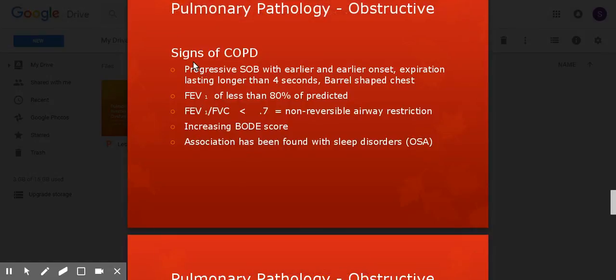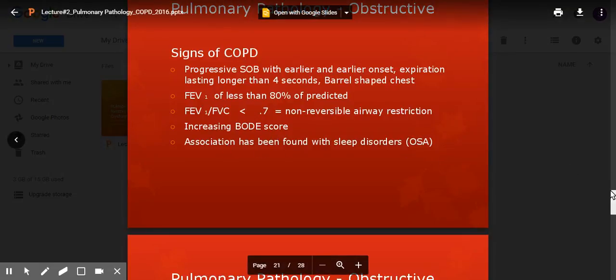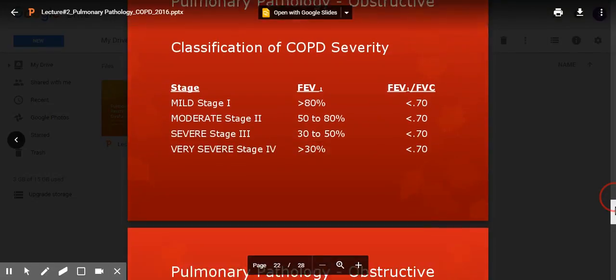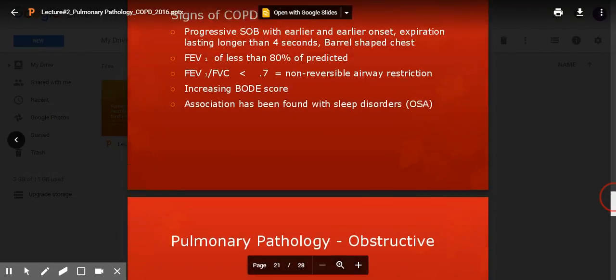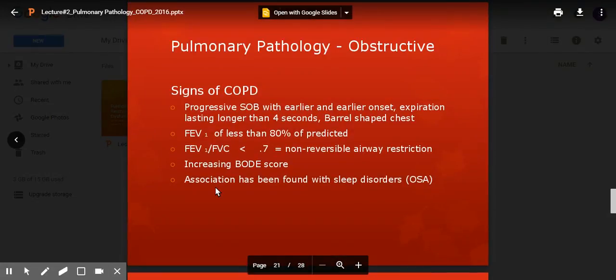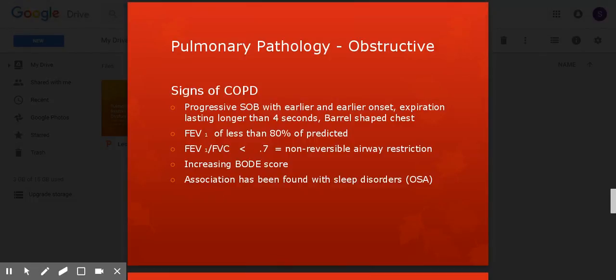Patients with COPD will also see a gradually increasing BODE score. BODE we'll take a look at here. I believe I have another slide that describes, yep. So we'll talk about that in a minute, as well as there's been a clear association with obstructive sleep apnea and COPD.